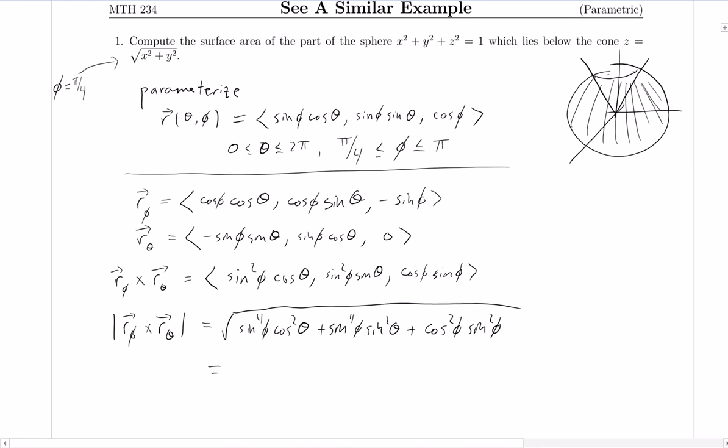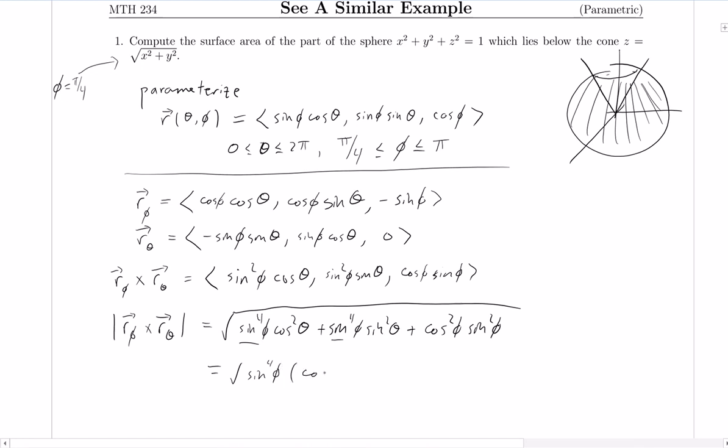So let's simplify. This looks kind of ugly, but it turns out to be very simple once we use a couple trig identities. Let's factor out the sine to the fourth phi.